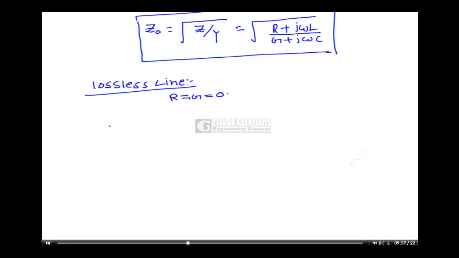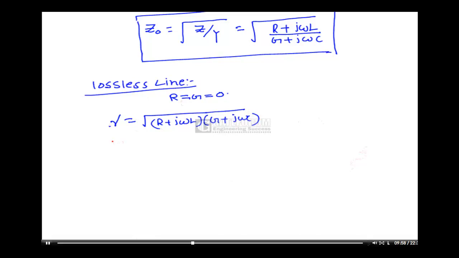Now, what happens to the propagation constant gamma? Gamma is equal to the square root of (R plus j omega L) into (G plus j omega C). We know it very well. Now put R is equal to 0, G is equal to 0 in this equation.